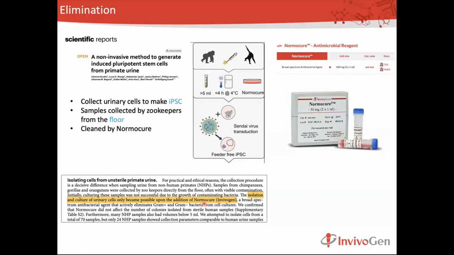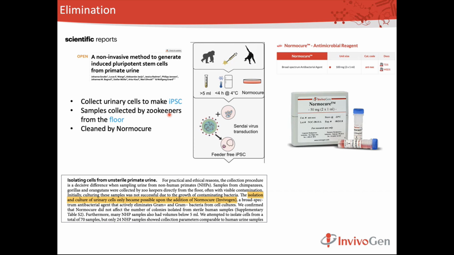So they add the Normocure to make it clean so that they can work on the samples collected from the zoo floor. And the cells can also be derived into iPSC, meaning that the Normocure is very safe and it doesn't affect later experimental procedure.